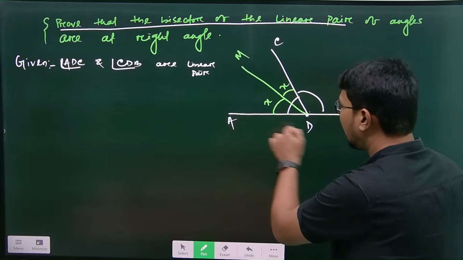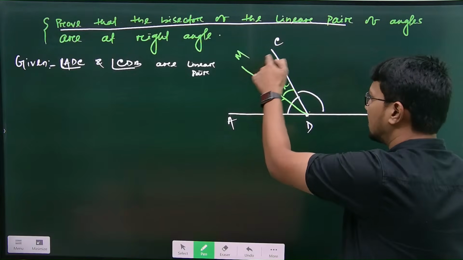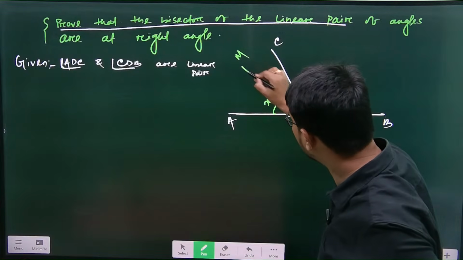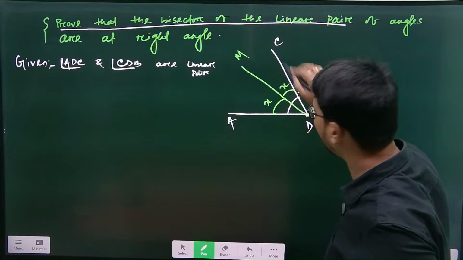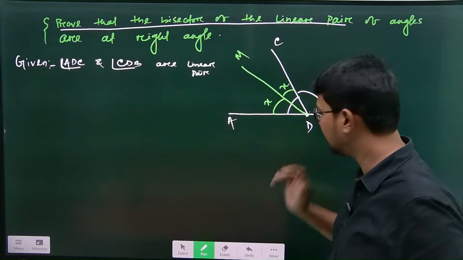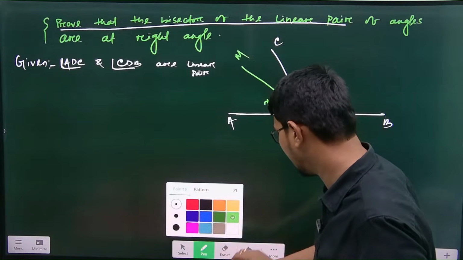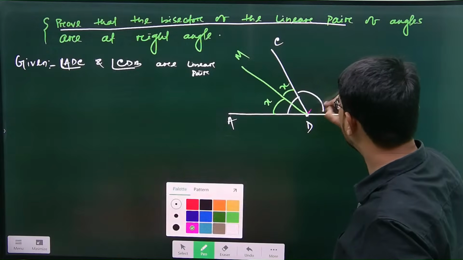If ADM is x, then CDM is also x, because DM is the bisector of ADC. And then this one, let me draw in another color, that is DN.